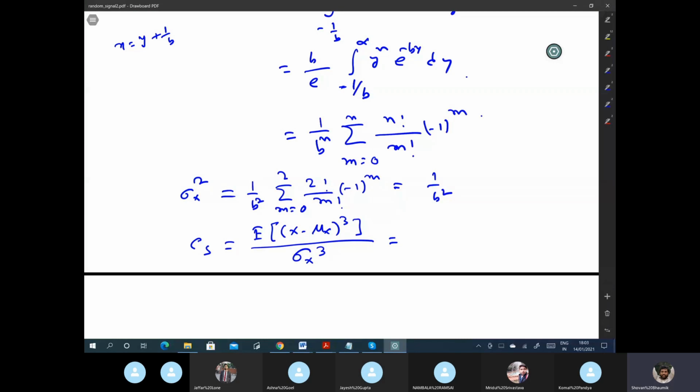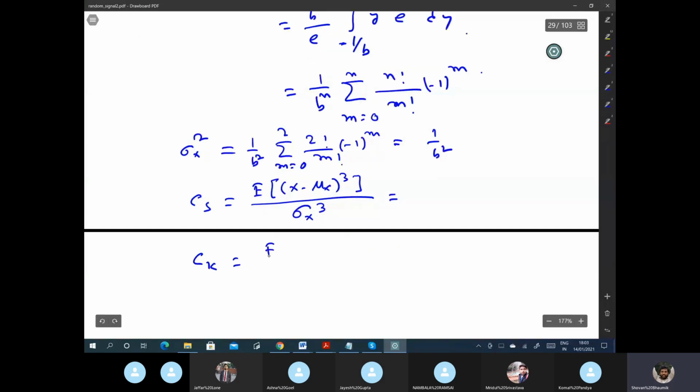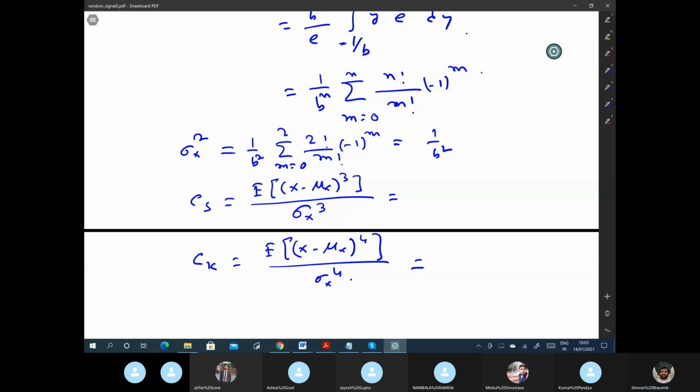And also kurtosis, C_k, will be equal to E of (x minus mu x) to the power 4 by sigma x to the power 4. Tell me these two values. Minus 2, sir. Skewness, minus 2 or plus 2? Wait, sir, let me check again. Check it, because in the morning I calculated in my notebook, somehow I received plus 2.